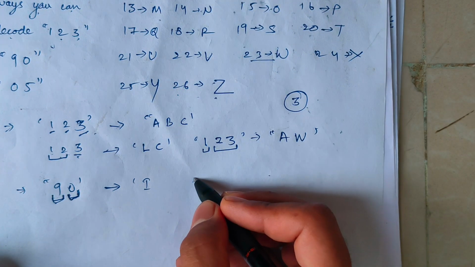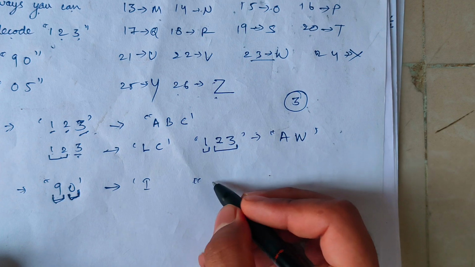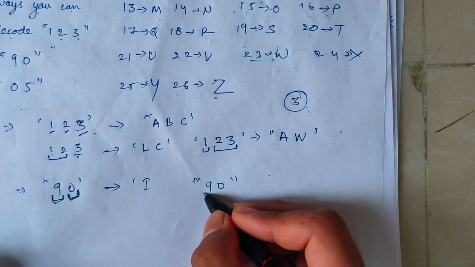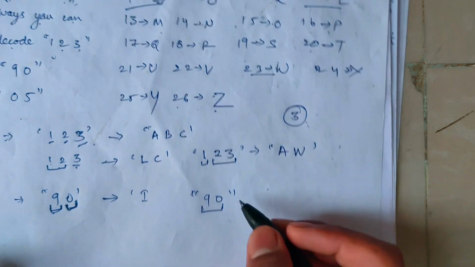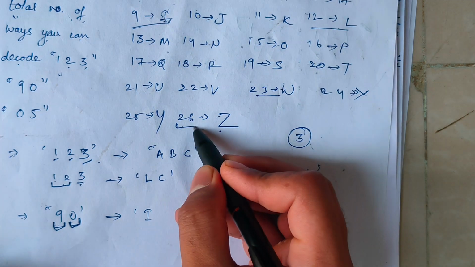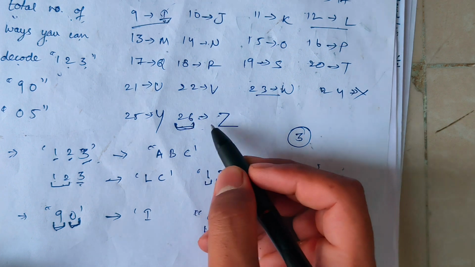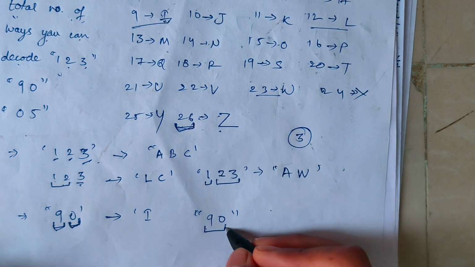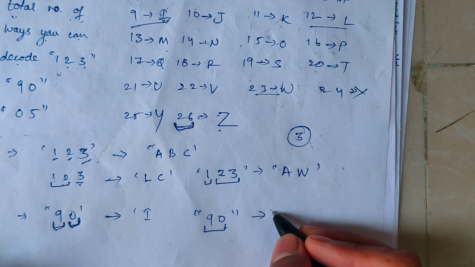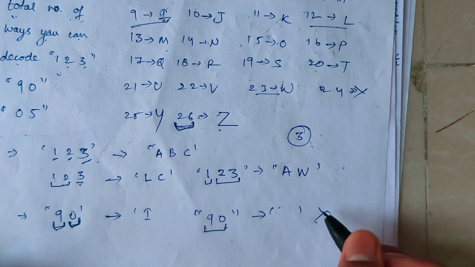So let's take two digits at a time, 90. But we have mapping only till 26, so we cannot go beyond 26. So 90 cannot be decoded to anything.